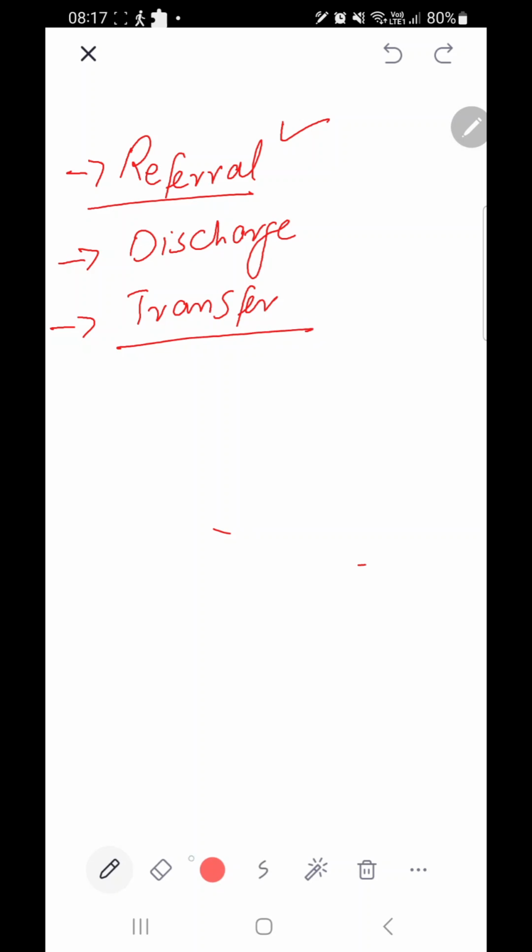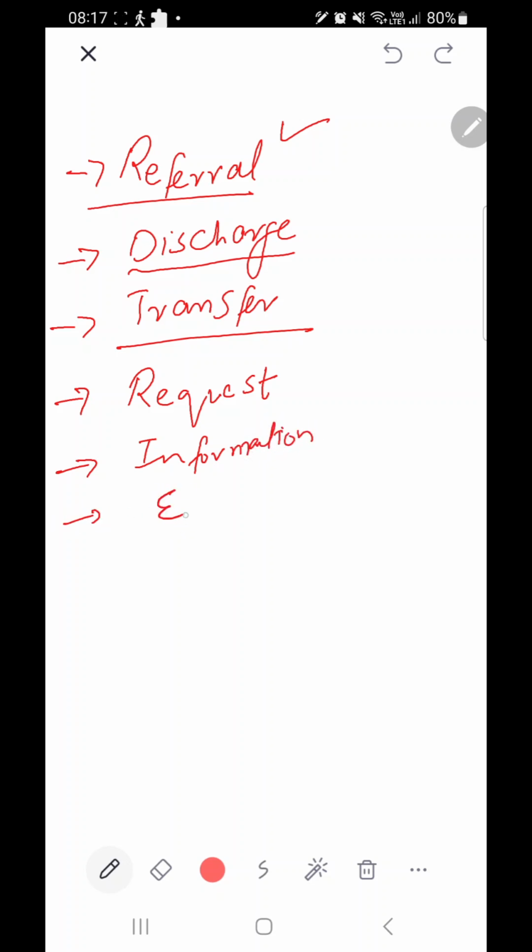These are one of the most common types of letter one can have in the OET writing. We also have the request letter, we have information letter and education letter. These are six different types of letter you can expect in OET writing.